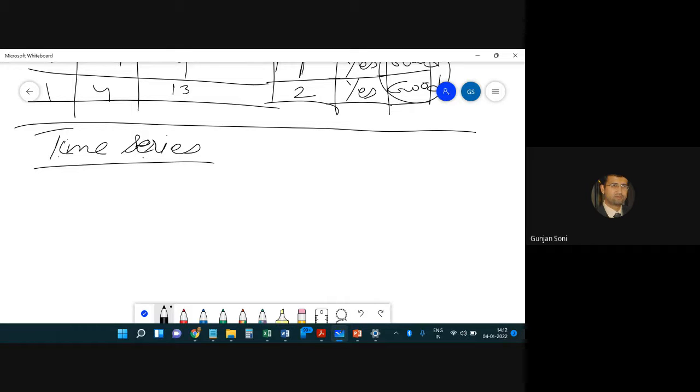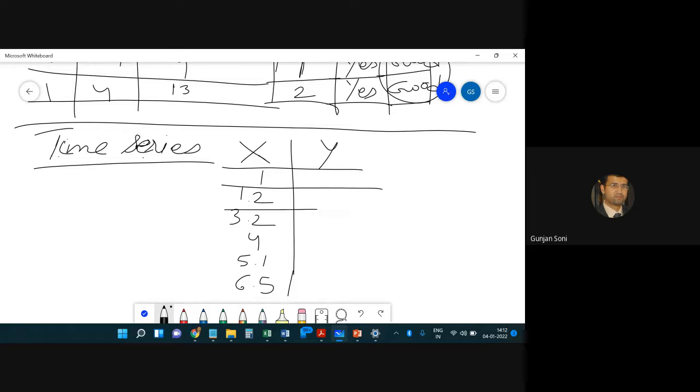So let's say we have X and Y. X is time series data, that is, it is increasing with time. And the corresponding value of the dependent variable: y is the dependent variable and x is the independent variable.